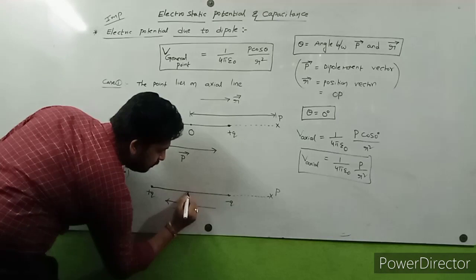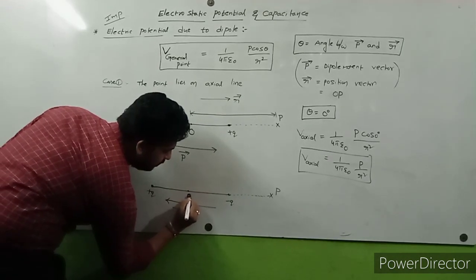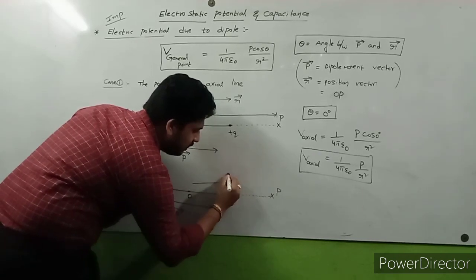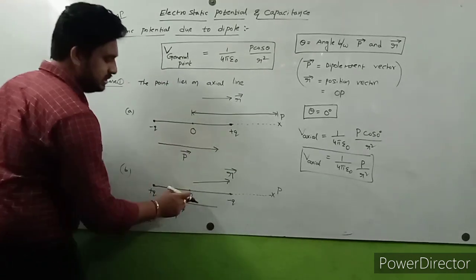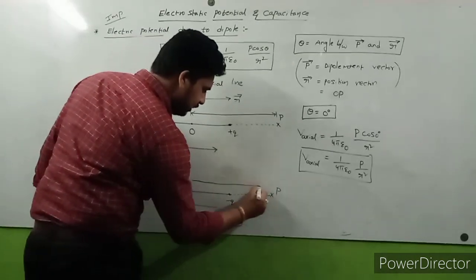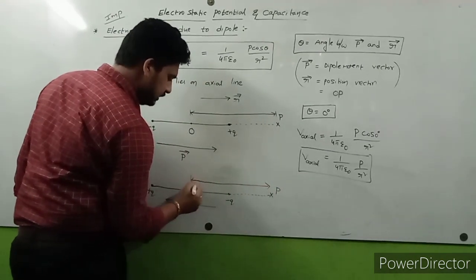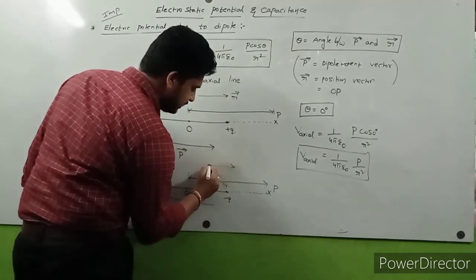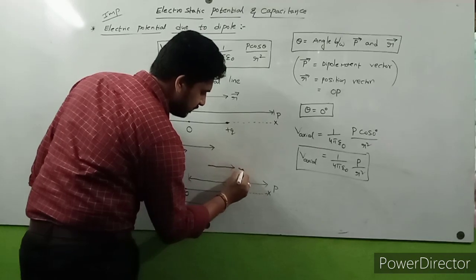This is the midpoint of the dipole, and the distance from the dipole to the point is R. The direction of R bar is indicated like this.